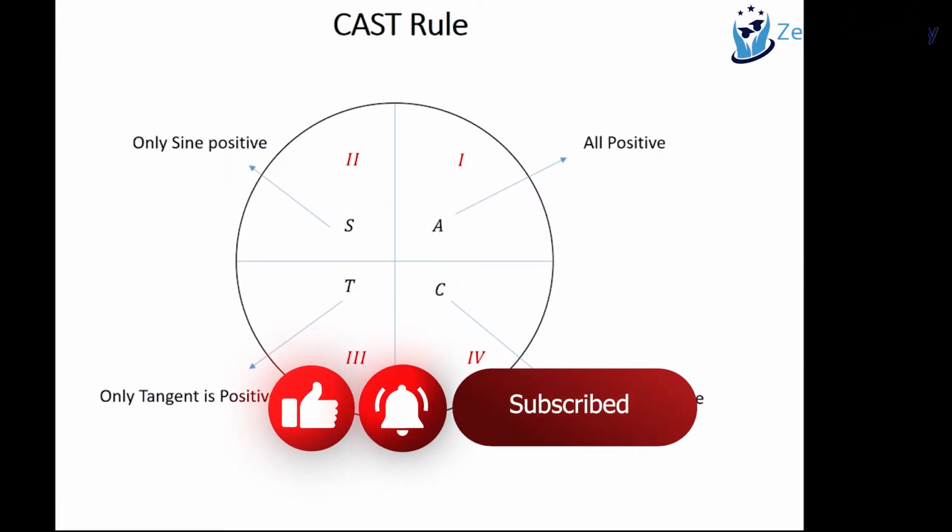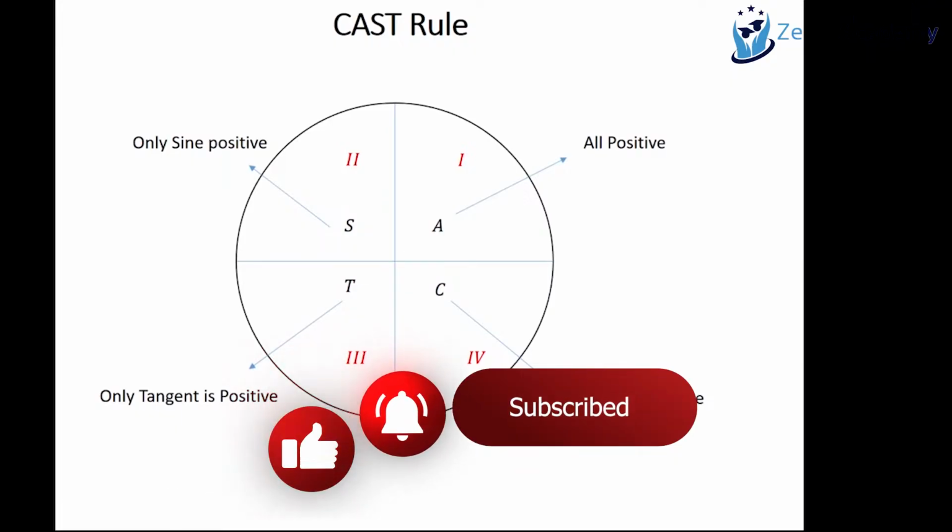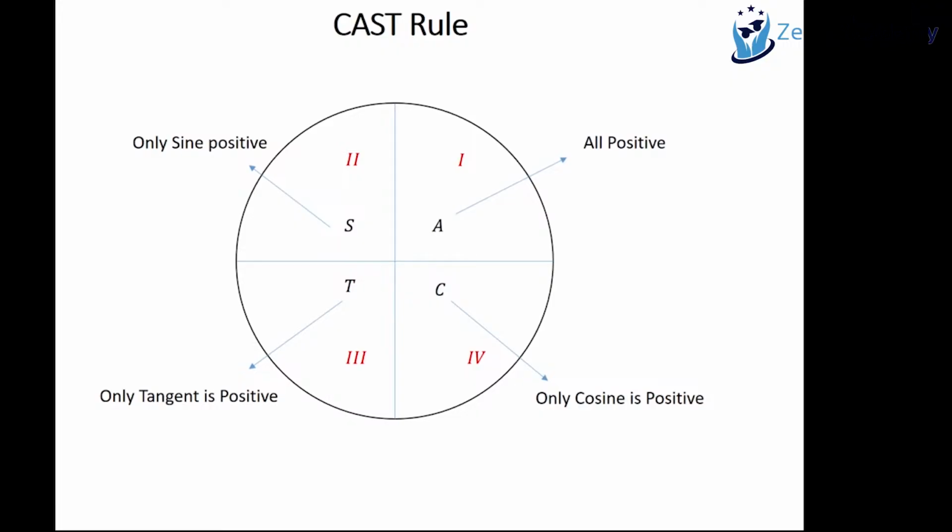Another useful rule regarding trigonometry is called CAST rule. And this is about memorizing the sign of the basic trigonometric functions. So for any unit circle, I can write this CAST rule. And what does this letter CAST mean?